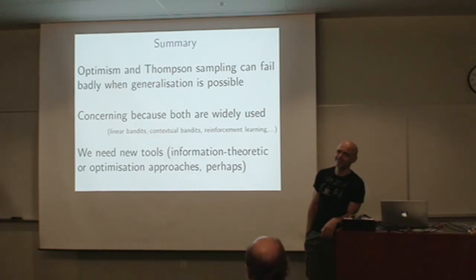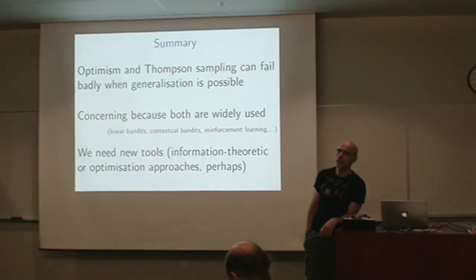So this is special to the linear case. Right. What happens in Bernoulli bandits that are all independent? That's right. So it's about generalization.